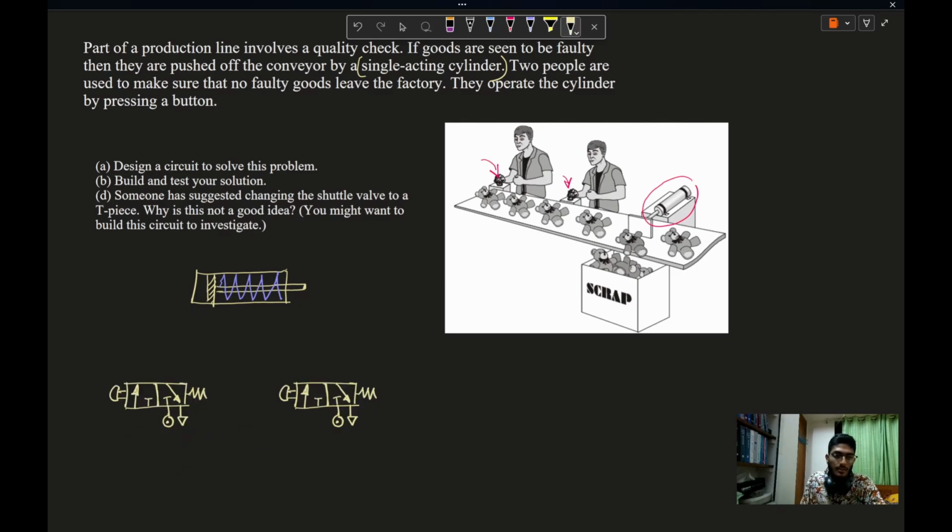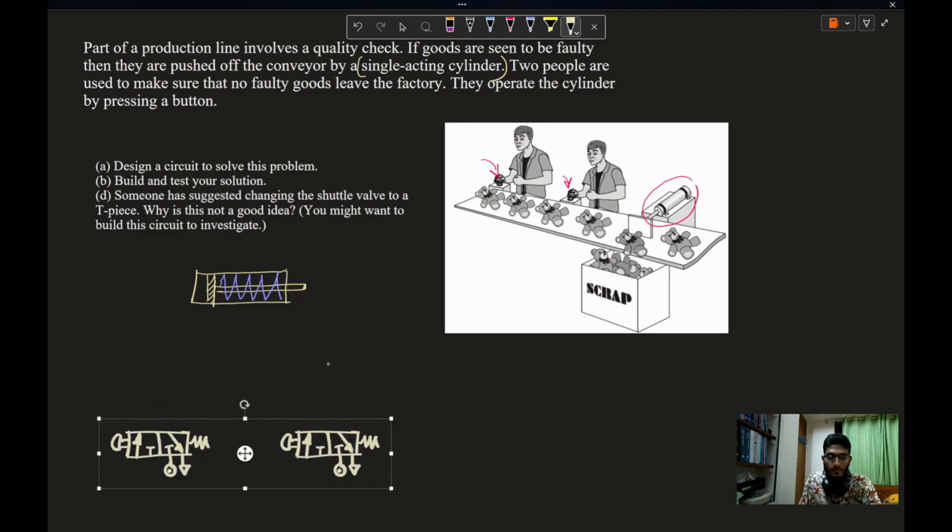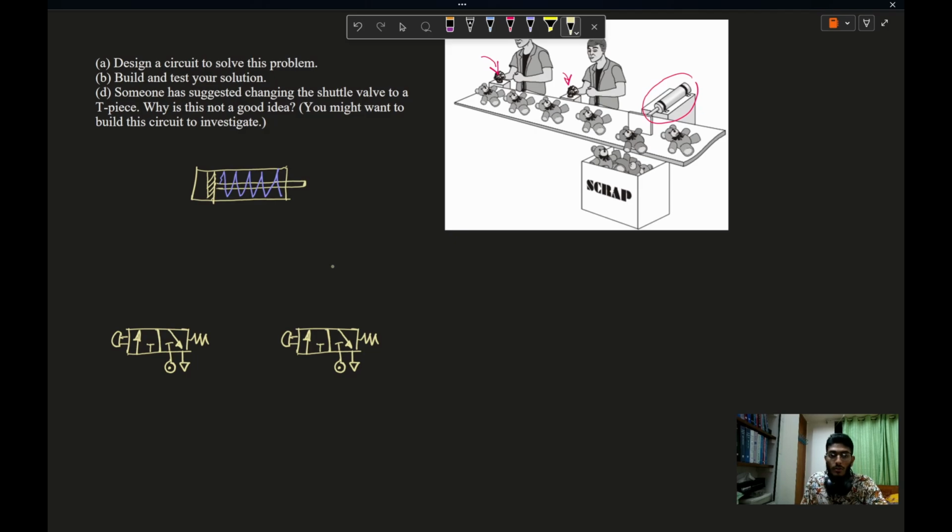We have to connect these two valves with a shuttle valve. Let's make some space. To develop the OR logic, we need a shuttle valve.